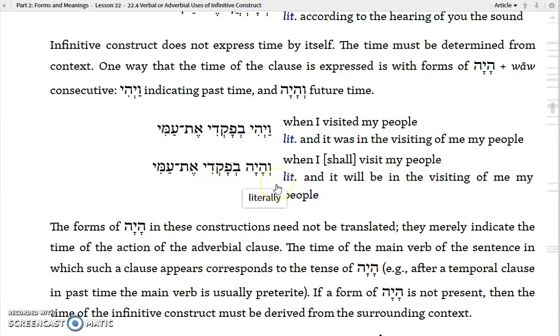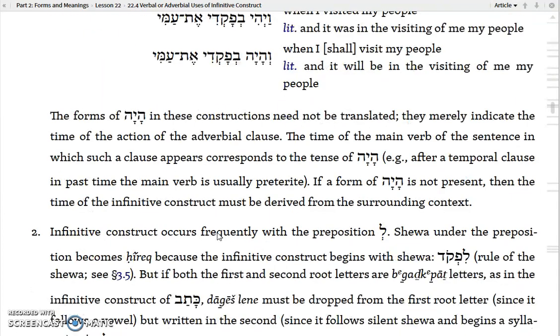On the other hand, if you had vehaya, and it will come to pass, vefokdi et ami, it will come to pass in my visiting my people, well then that gives you a time frame that would be future. Now, as Ross points out, the haya in these constructions doesn't have to be translated.